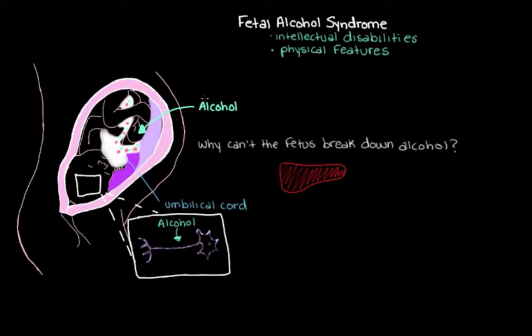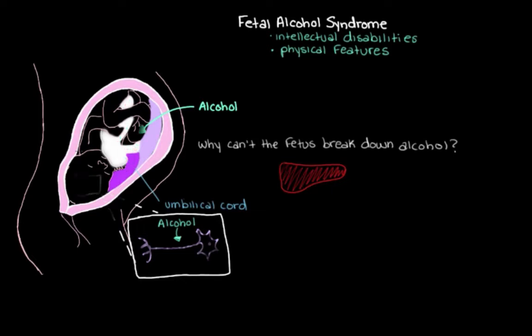So that means that the alcohol that the fetus is exposed to builds up really, really fast inside the fetus because it isn't being broken down, right? And to make matters worse, these neurons in the fetus's brain are still really delicate, right? They're still developing. They're very easily damaged. So they can die really easily when they're exposed to something like alcohol.